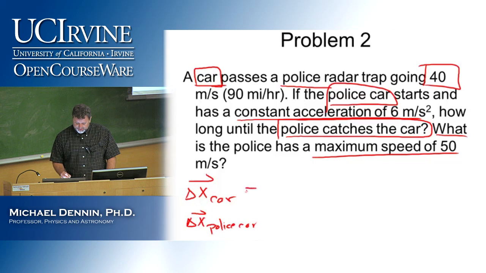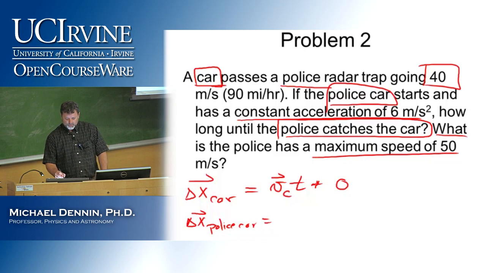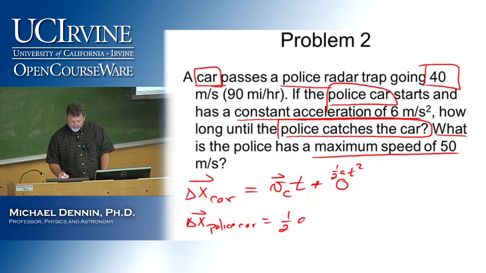For each of these, they will have their own equation. The car is not accelerating, so the 1/2 at squared will be gone. The police car initially is starting at rest and just accelerating. So it'll just have 1/2 at squared because v police is 0 initially.